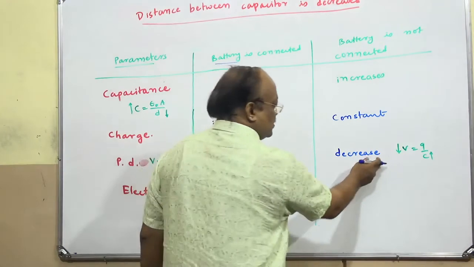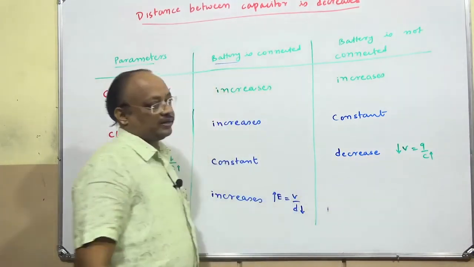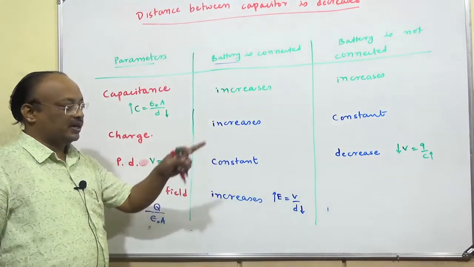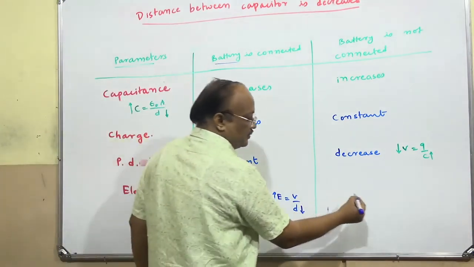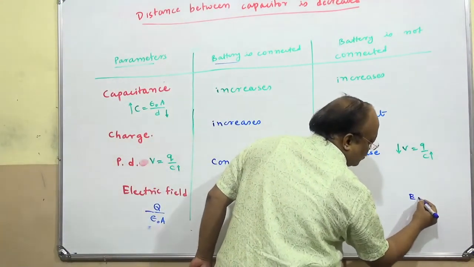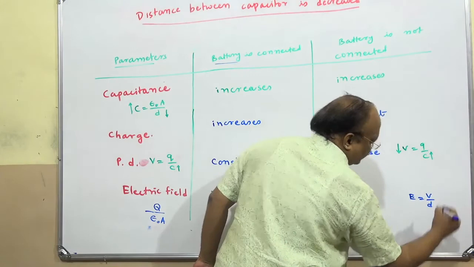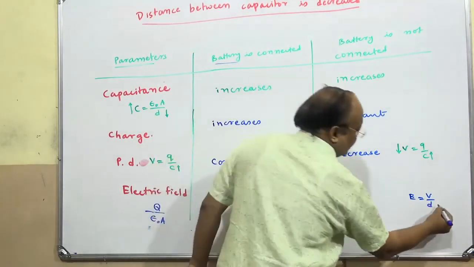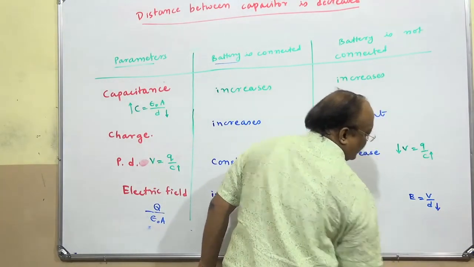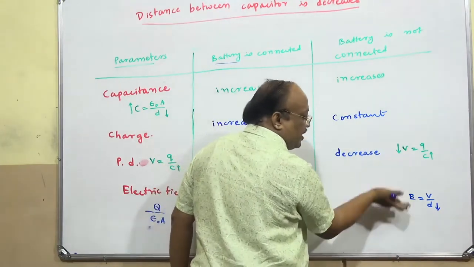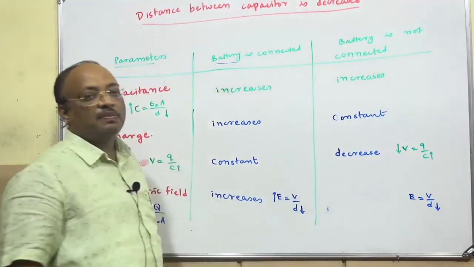Whereas at this point, what happens to the electric field? E is equal to V by D. Distance you are decreasing, so electric field increases by some amount.